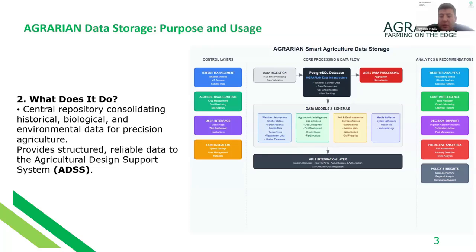These data are then fed directly to ADSS, which is going to be presented after we finish this presentation, and this information together, we need it in a structured and reliable way so we can create the foundation for the agricultural decision-making applications that will be created.